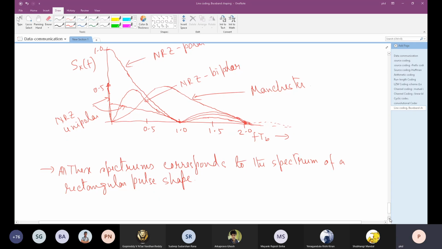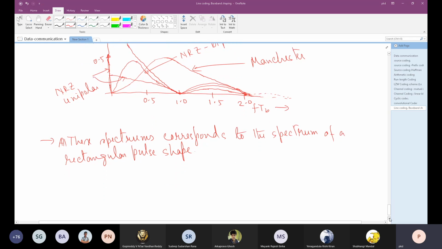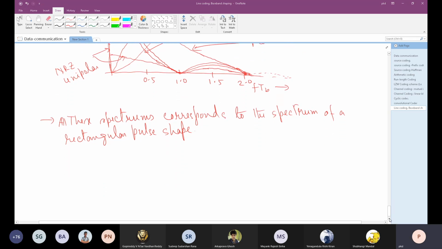Now, to make the spectrum more or less square, if we want an ideal square, then we of course have a sinc pulse shape, thinking in the complementary way.